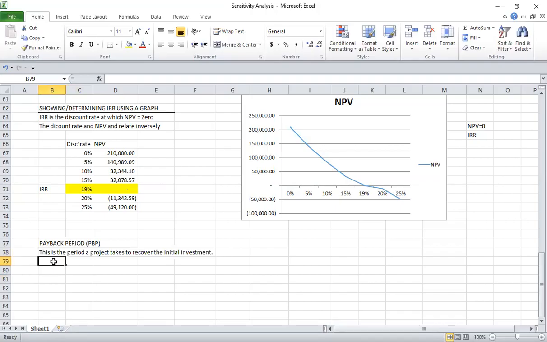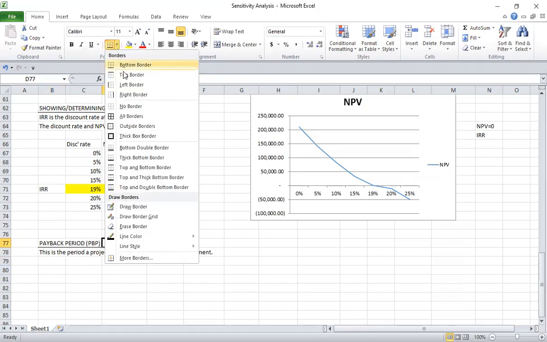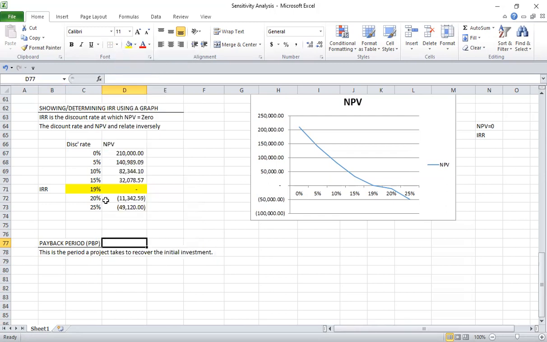The payback period is also used to evaluate projects. You know that you can, for example, compare two or more different projects and make decisions based on the payback period. When do we consider the payback period best?